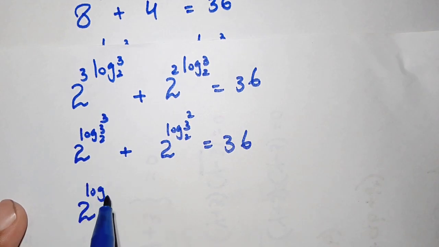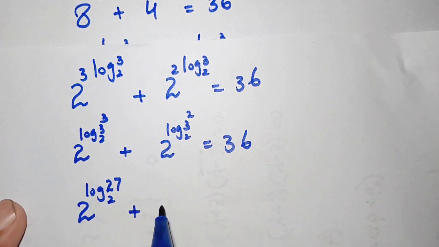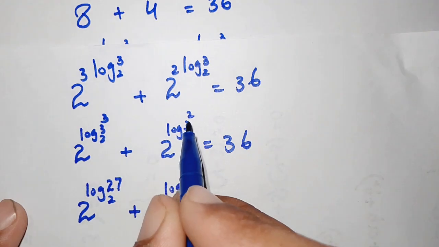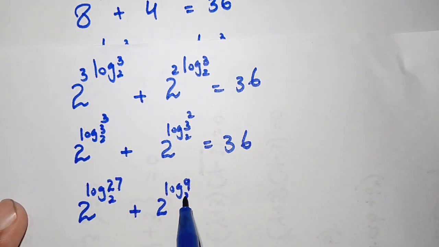So this will become 27 of base 2 plus 2 to the power of here log of 3 square is equal to 9 to the base 2 is equal to 36.